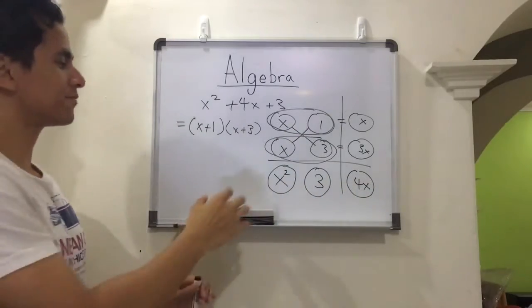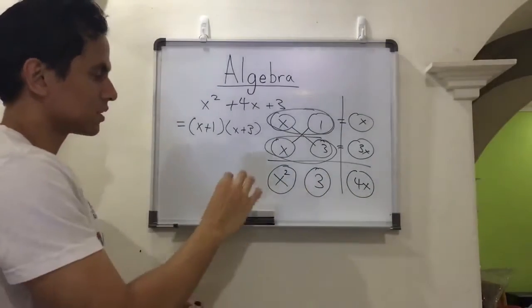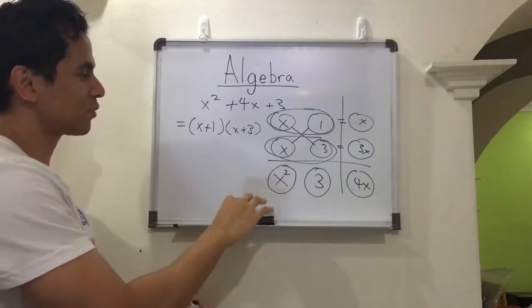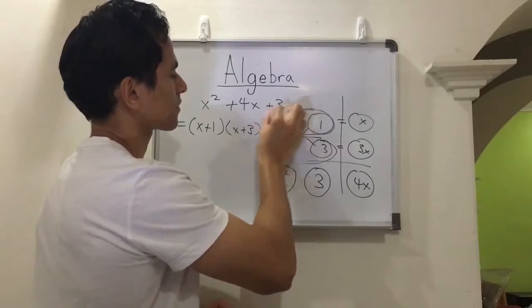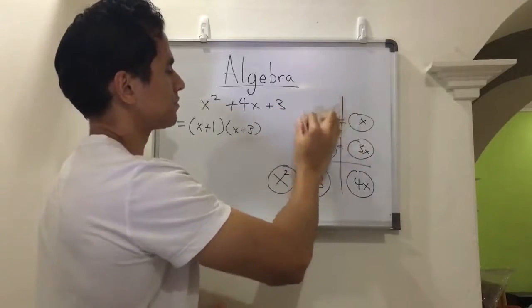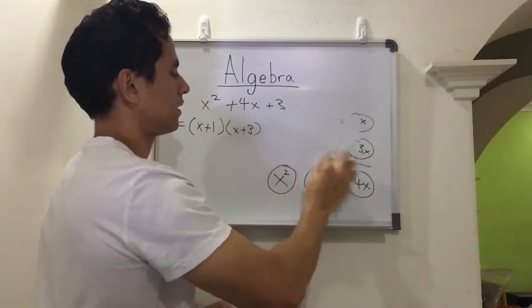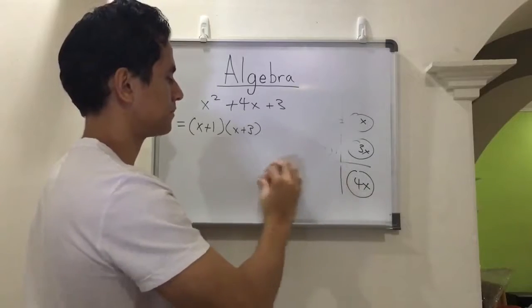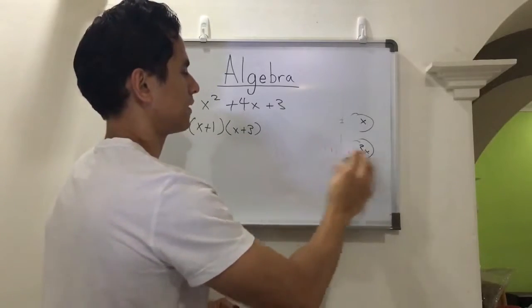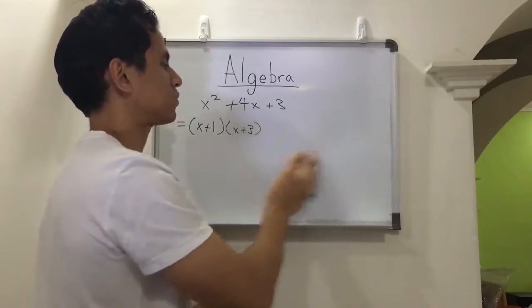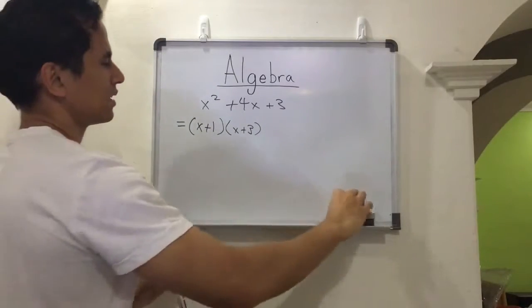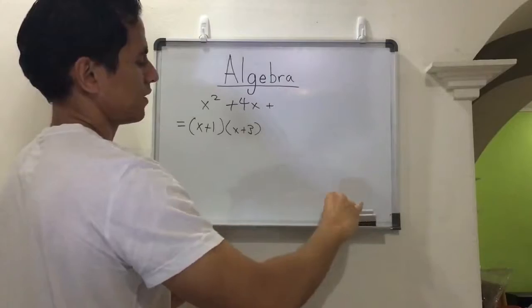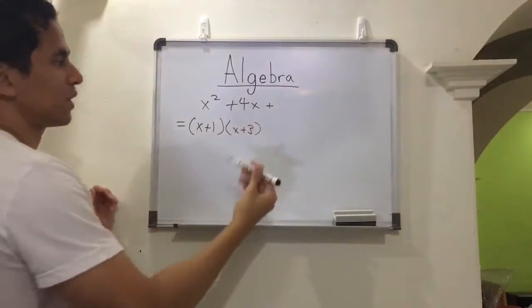Also, we have to take note that the cross method has its limitations, whereby, let's say, this was positive, maybe positive 29.